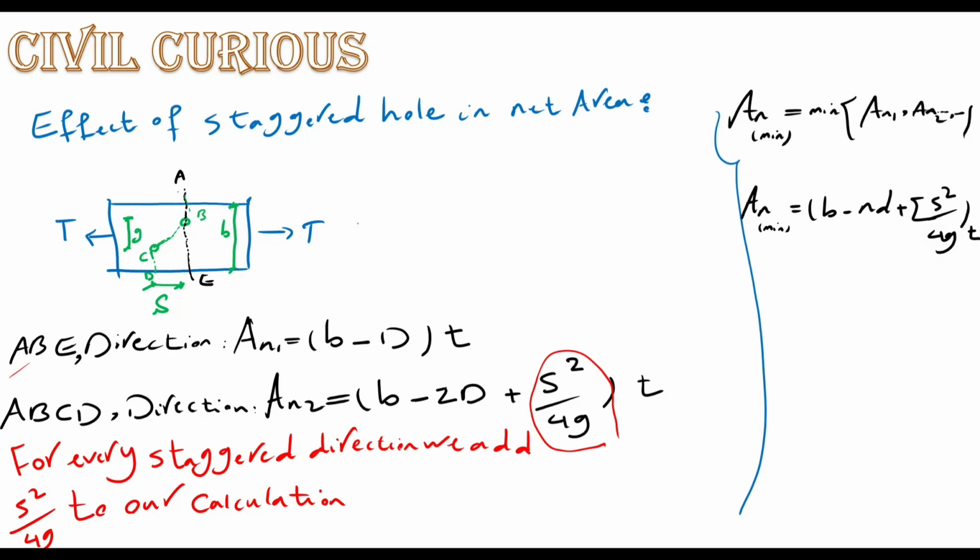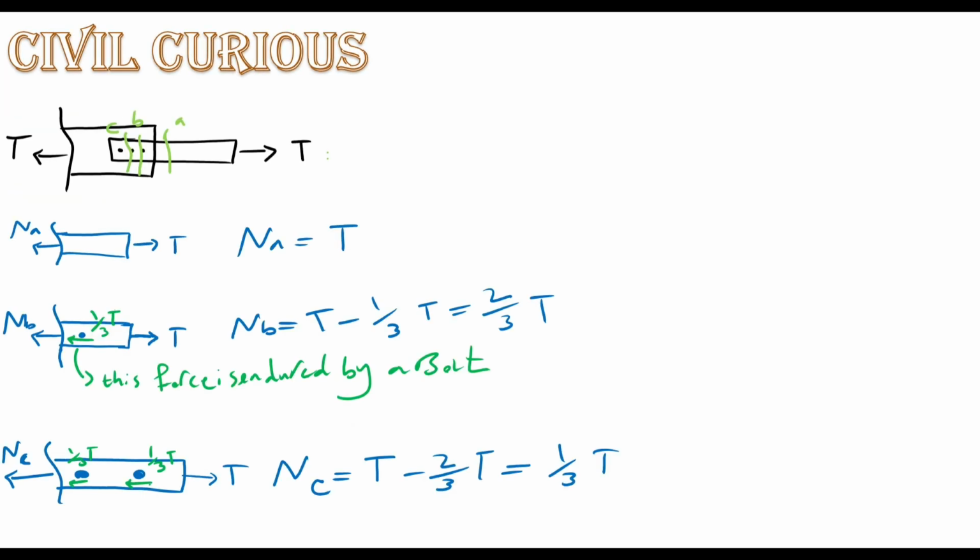This is the value of the minimum of An when we have a staggered direction. Let me continue with what we did in this session.